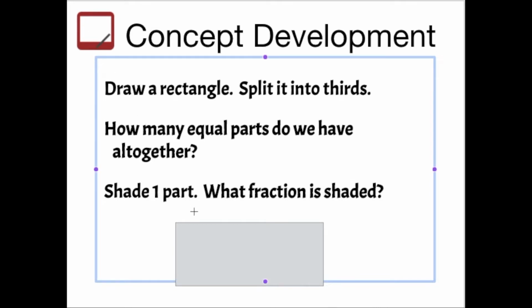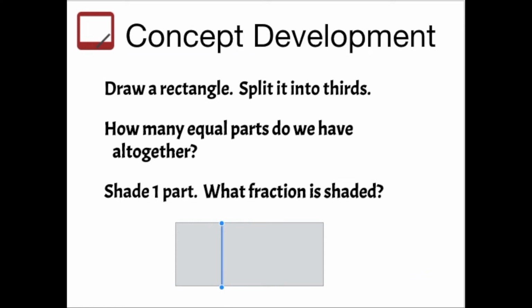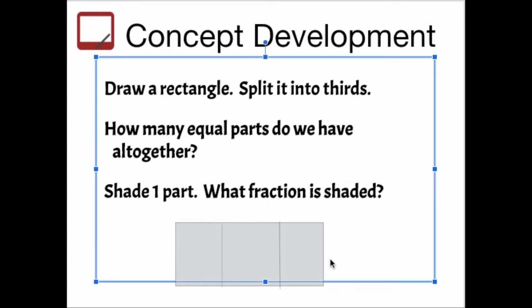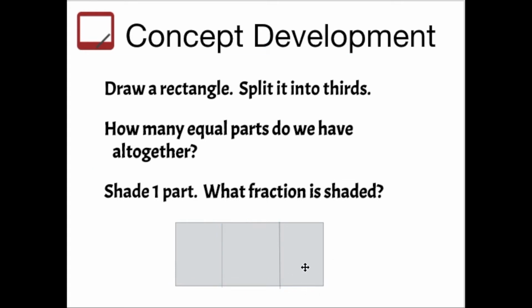Well, if we need 3 parts, I know I'm going to need 2 lines. Let's give our rectangles 2 lines. One line there and another line here. I just split my rectangle into 3 parts, into thirds.